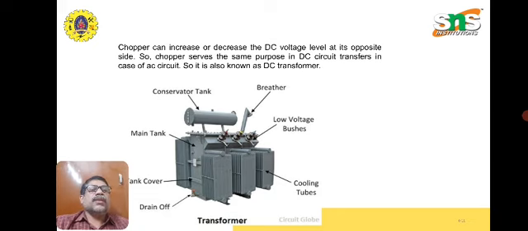There may be a step up transformer, step down transformer, center tap transformer, or multi tapping transformers. Therefore, simply saying, a DC-DC converter or a chopper is also known as a DC transformer.